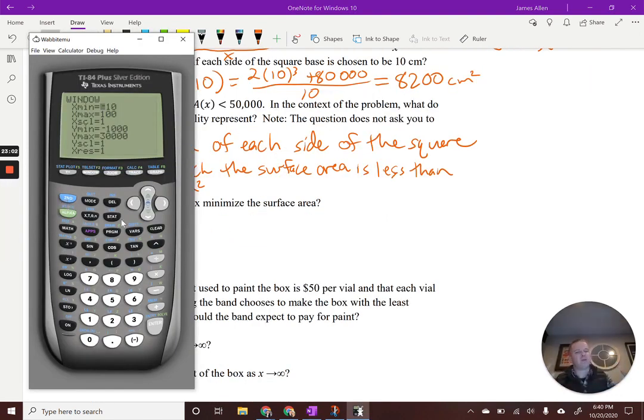All right, so I've got my function plugged into that nice, beautiful, cleaned up function. I set my window accordingly. Feel free to pause and adjust your window as well if you'd like. Let's head to the graph. There it is. We wanted to minimize the surface area, so let's go ahead and calculate that minimum. Left bound.